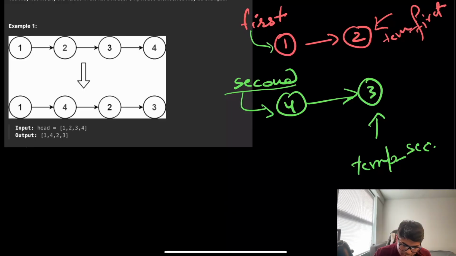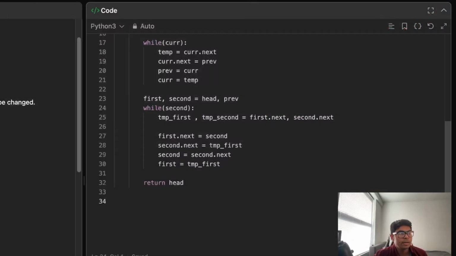Then I took away this pointer and pointed my first dot next to second. Remember, we have done that in the code. So at top right, you can see this is what I did.